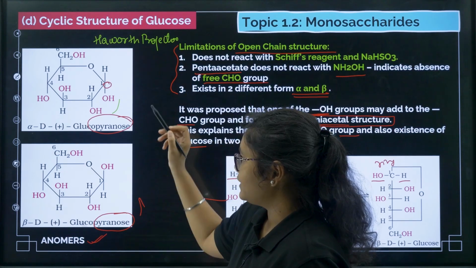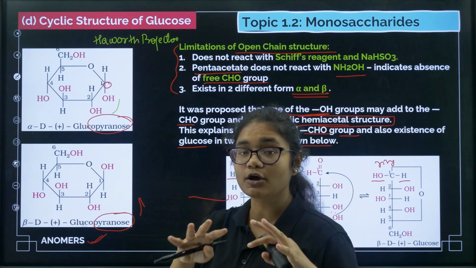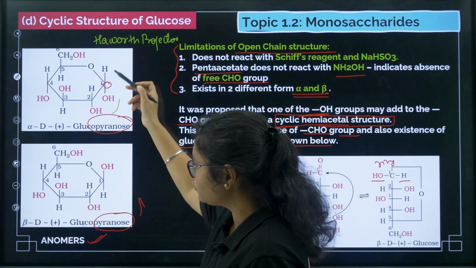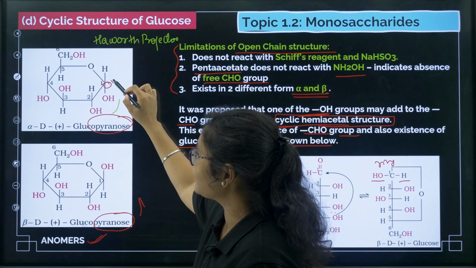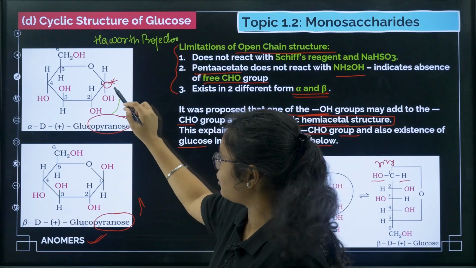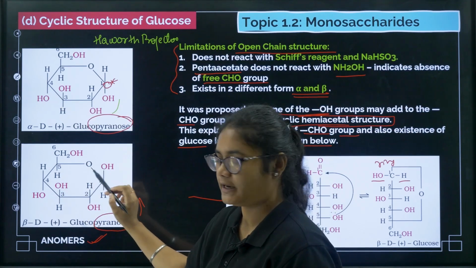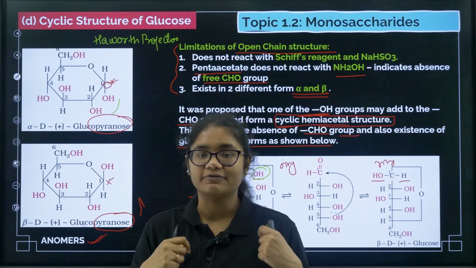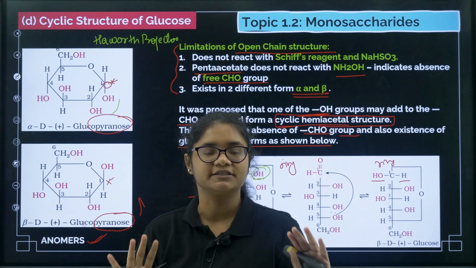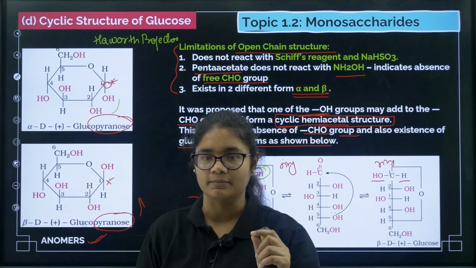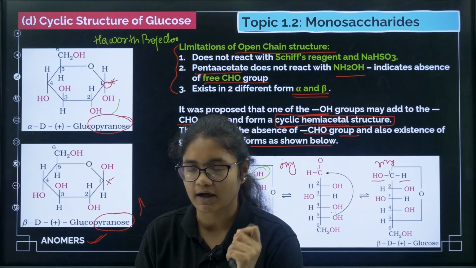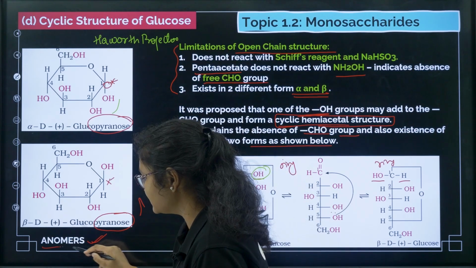If the configuration of two structures differs only at carbon number 1, and all other configurations are the same, then such isomers, where the complete structure is the same but only at the first carbon the conformation is different, are called anomers.